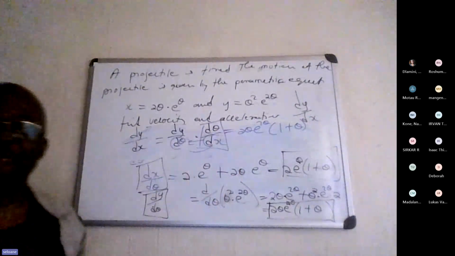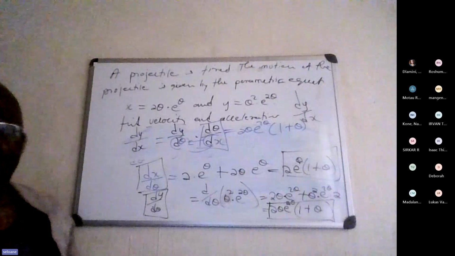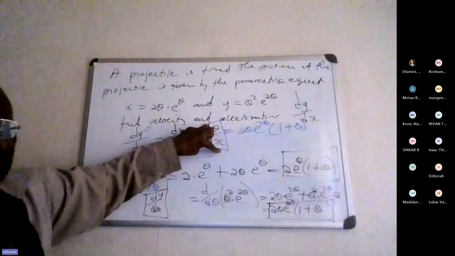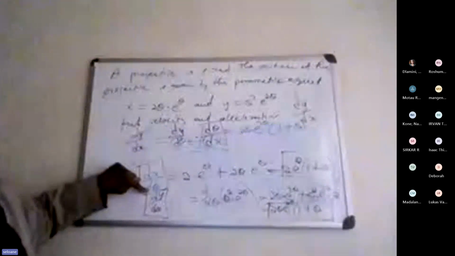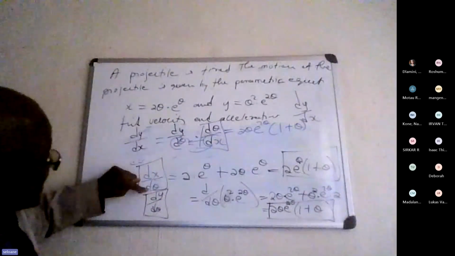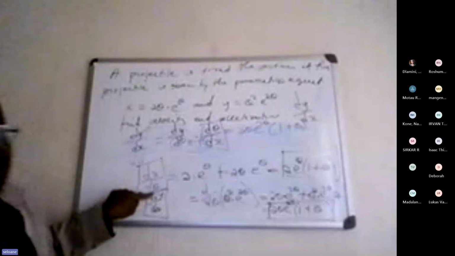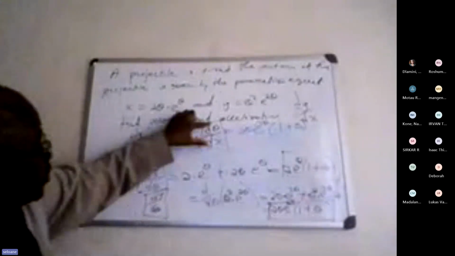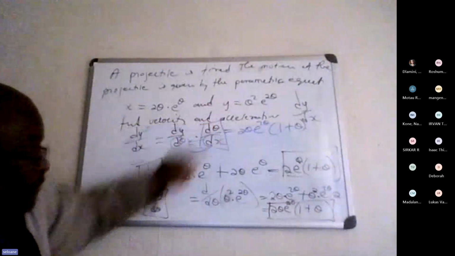Be careful here, because this is d theta dx. And what we have is dx d theta. We have got dx d theta, but here we have got d theta dx.